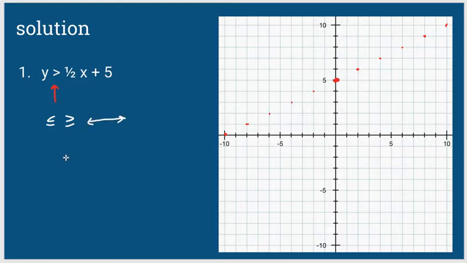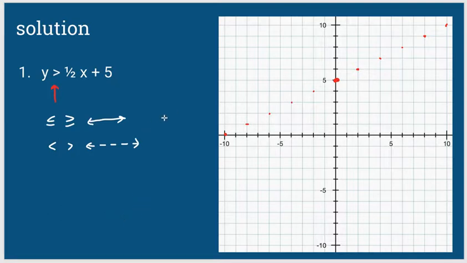If there is no equal part, meaning that the points that are right on the line don't actually make a true statement, then we have just a less than or just a greater than. I'm going to use a dotted line to connect them all together, or a dashed line.